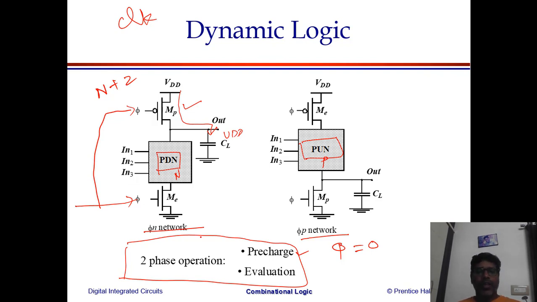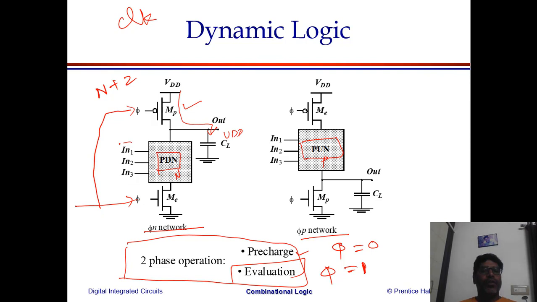Now the second phase is evaluation, which means I am going to make phi equal to 1. This is the phase where you can get the evaluated output for the input value of your Boolean function.